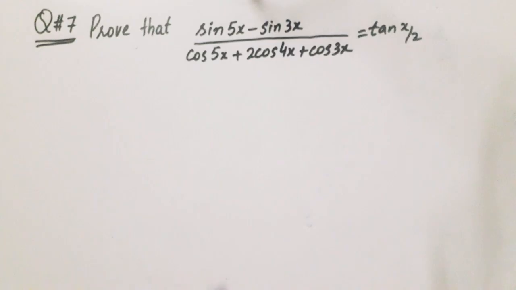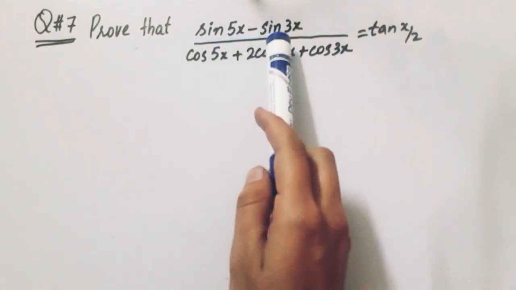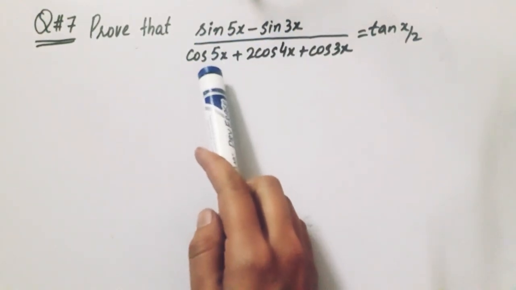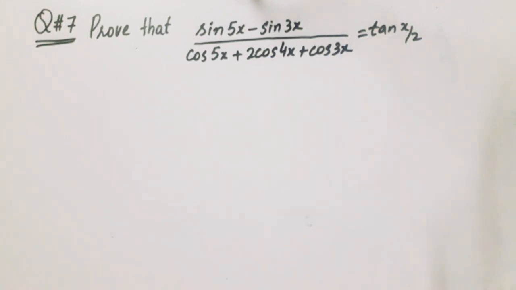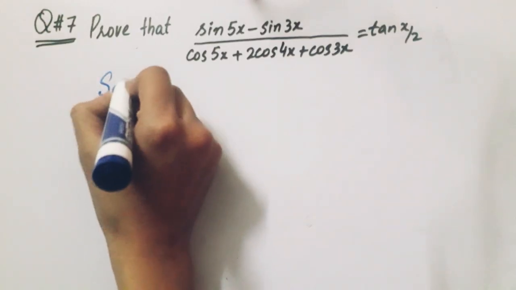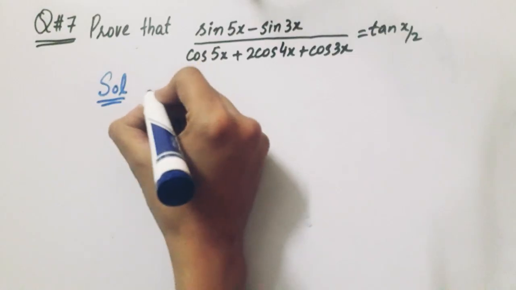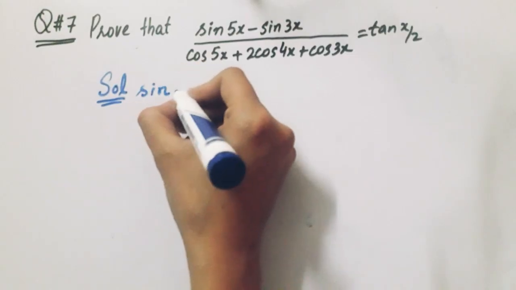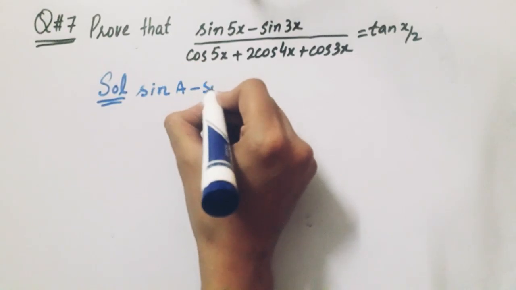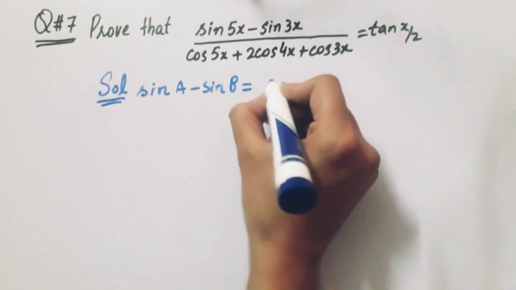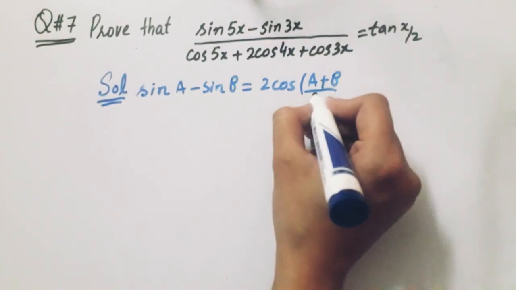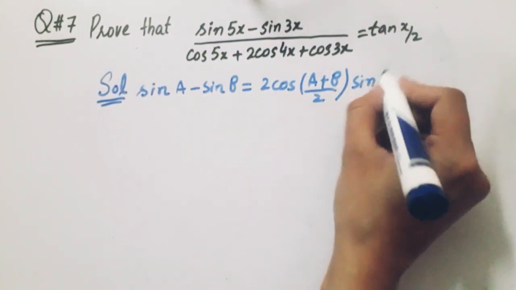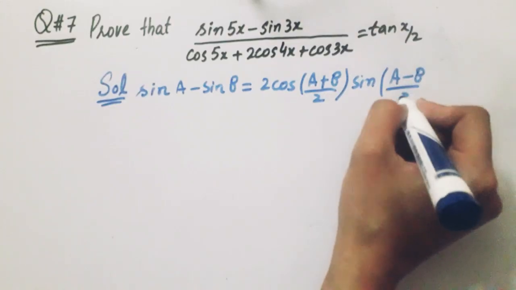Question number 7 is, prove that sine of 5x minus sine of 3x divided by cos of 5x plus 2 cos 4x plus cos 3x is equal to tan x by 2. So you will solve this question. First of all, apply two different formulas. If sine of A minus sine of B, the formula is 2 cos A plus B divided by 2 and sine A minus B divided by 2.